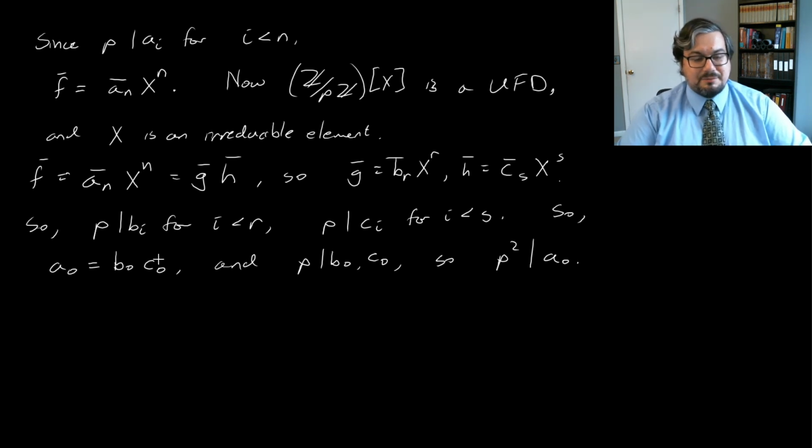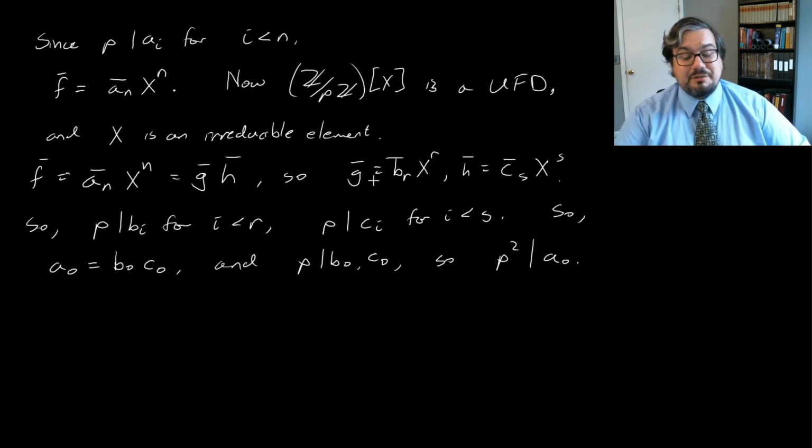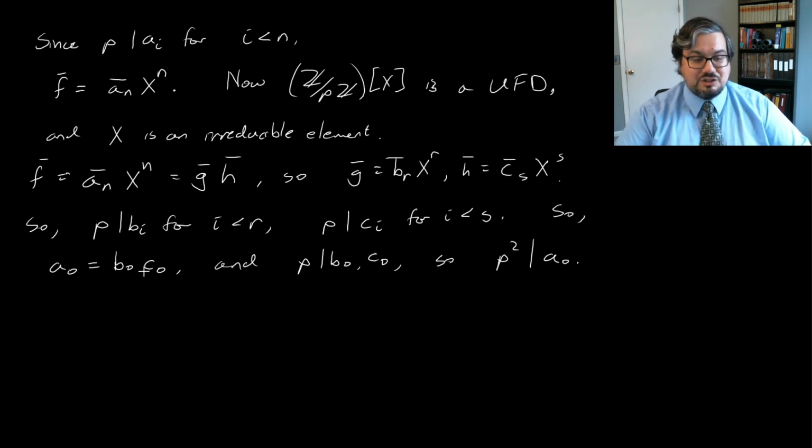So p is a factor of b_0, p is a factor of c_0. We know that b_0 and b_r are not the same because g has degree at least 1, similarly for the h's, and so p actually does divide b_0 and c_0, and so p squared must divide their product, which is a_0.